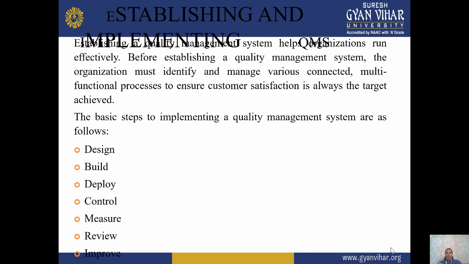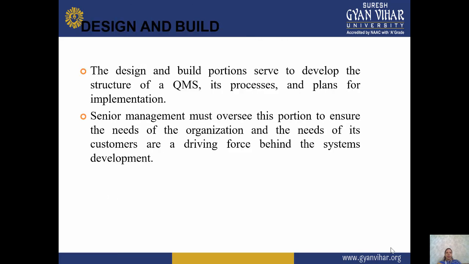The basic steps in implementing a quality management system are as follows. First is design, second is build, third deploy, fourth control, then measure, review and improve. Now, design and build.